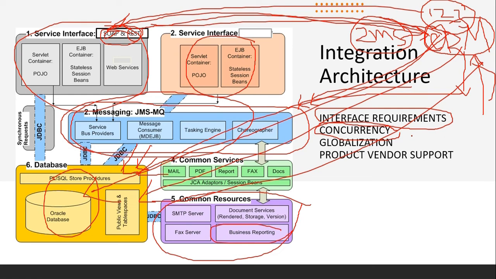Although we are talking about the integration architecture, this also comes as a feature of design and usability. So we need to factor those into the system architecture or integration architecture, whether it is a globalized call.